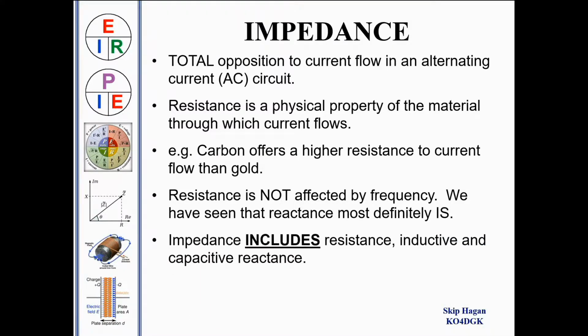When we look at impedance, we include resistance as well as inductive and capacitive reactance to get a total opposition to flow in the system. And to do that, we have to use a vector.